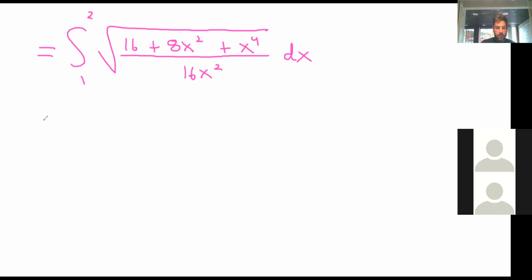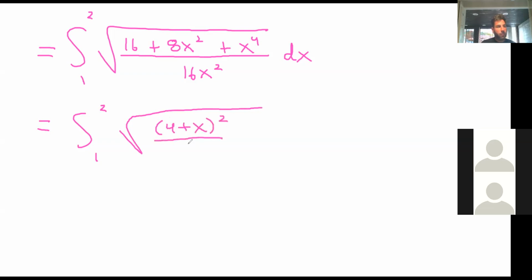So the numerator is nothing more than 4 plus x quantity squared. You could check that for yourself. And the denominator is nothing more than 4x quantity squared. So before you ask me how I got that, what I want you to do is take that numerator and square it.